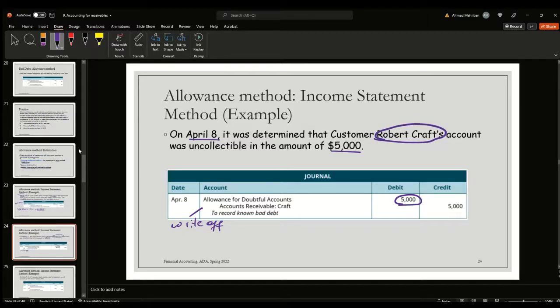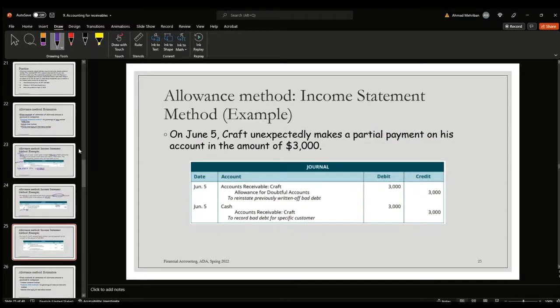So the customer who is not going to pay has been determined to be uncollectible. We record 5,000 to allowance for doubtful accounts, and accounts receivable is reduced through the credit side, 5,000.